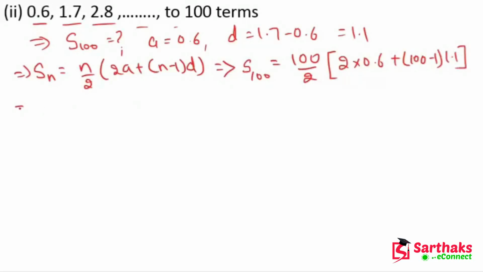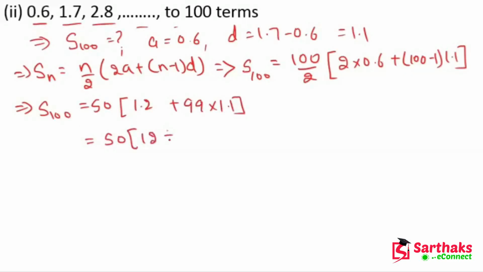So S100 is equal to 50, and 2 into 0.6 is 1.2, plus 99 into 1.1, which is 108.9.